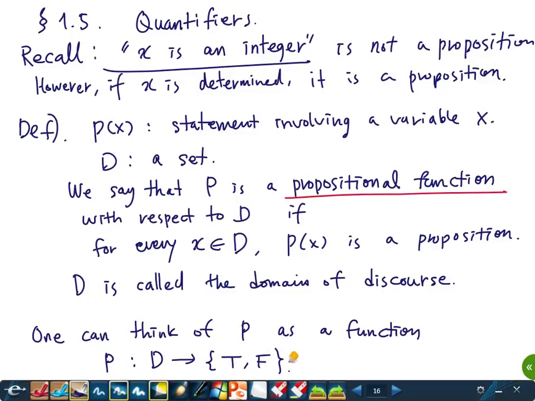It's a proposition, so it has a truth value, true or false. You may think of this as a function like this. This is why it's called a propositional function.